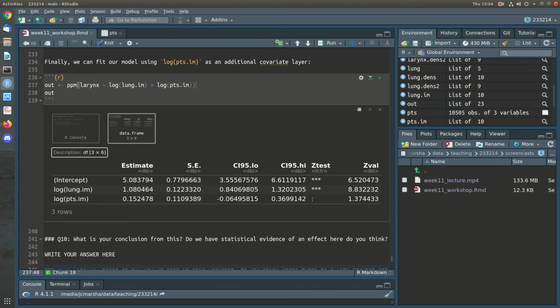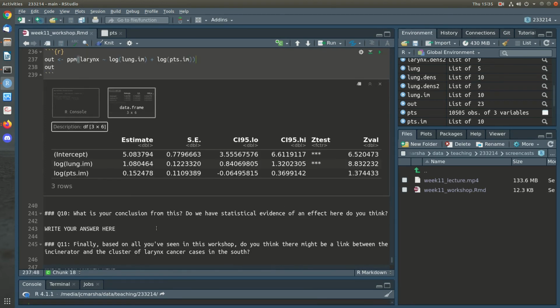However, it's not important. Statistically, that effect is not that important. It could be negative, such that the rates of larynx cancer actually decrease slightly as you move towards the incinerator, or it could be positive. Notice that it is sort of tending to one side, so we do have some evidence, but it's just not very strong.